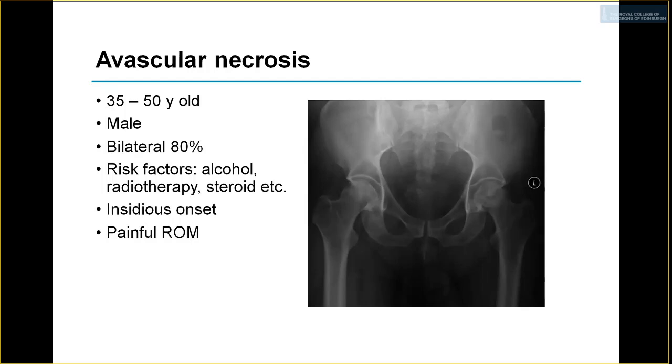The presentation is usually an acute or subacute presentation of hip pain, and that is related to the avascular event. And I'd like to think about it as something similar to a heart attack, but it's actually in the hip joint, because that is exactly what's happening. When you have a heart attack, you lose blood supply to part of the heart, and it's acutely painful.